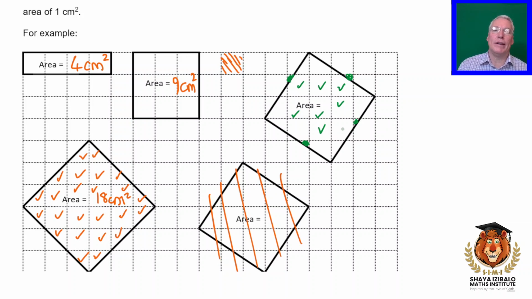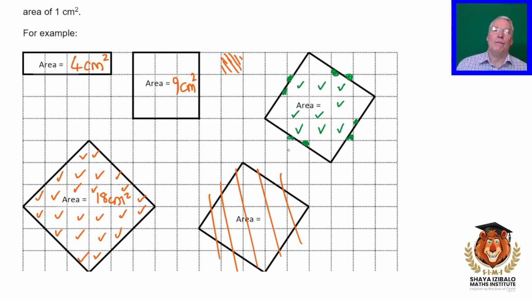And lastly, maybe the same over here, because this little piece looks to me to be about the same size as that little piece. And again over here, this little piece that we're leaving out, we're actually including over here, so we're going to count this as a whole one as well.